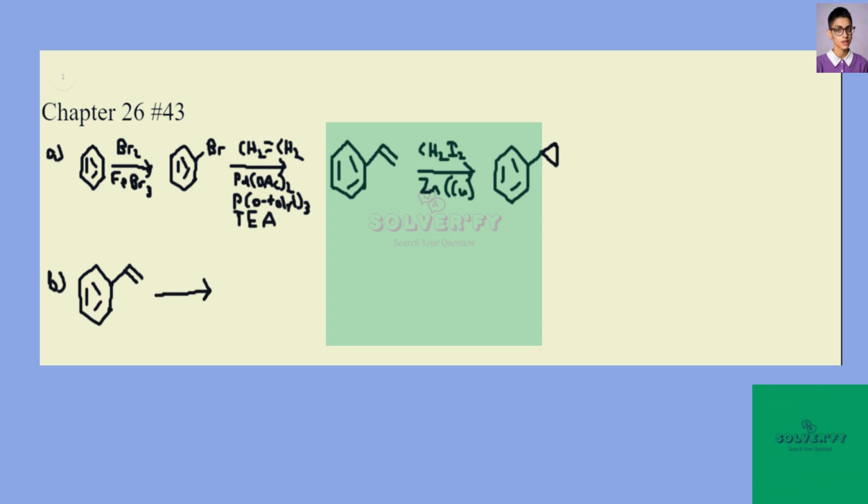So using CHCl3 and potassium tert-butoxide is going to get us to here. Okay, and so that's our desired product for part B.